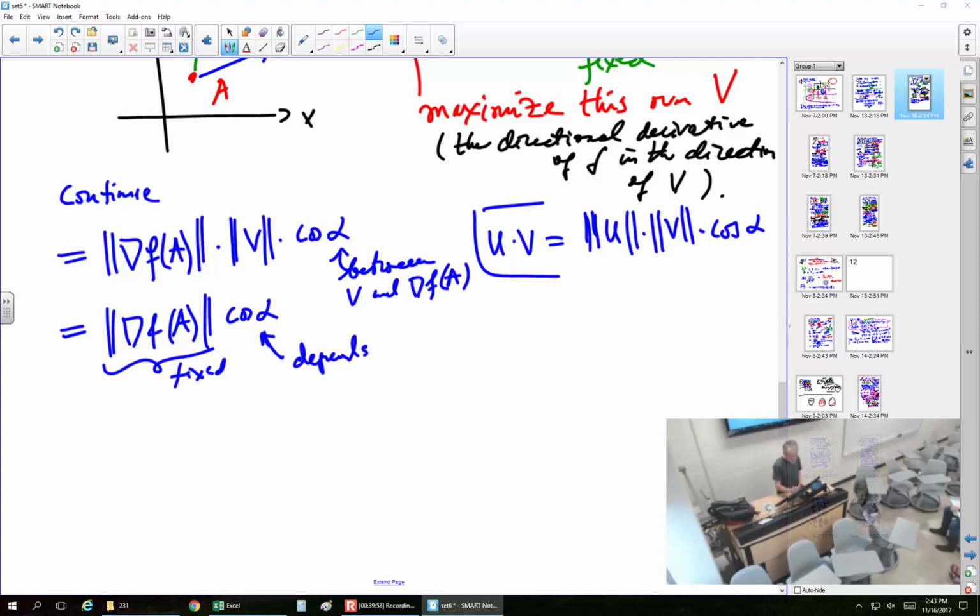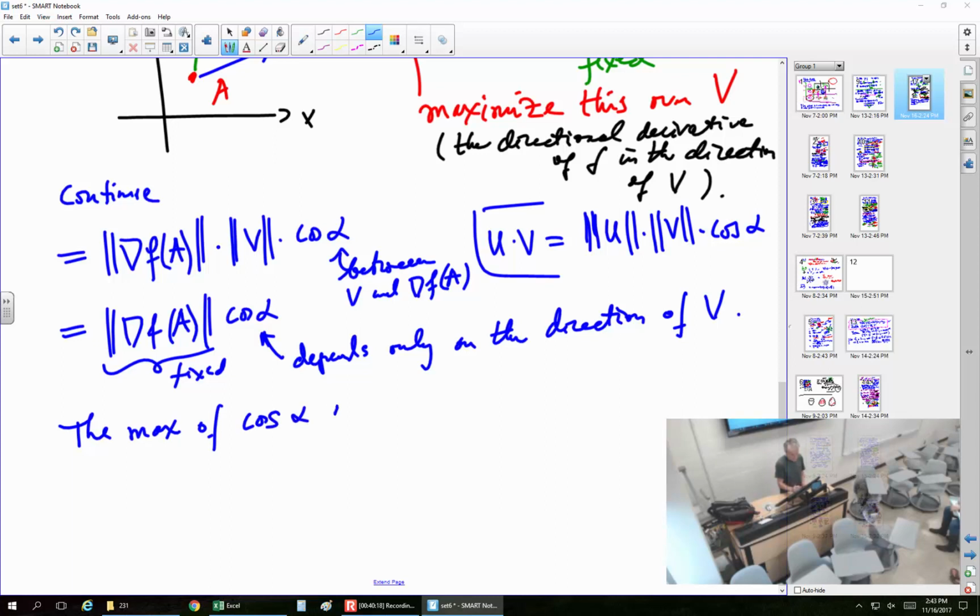But now the advantage is that cosine alpha is a very simple function to maximize. The max of cosine is attained at what value of alpha? 0. That's right, 0. There you go.